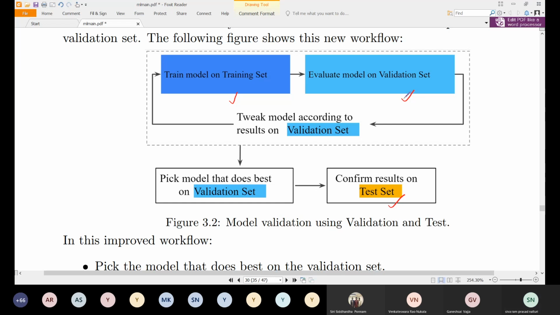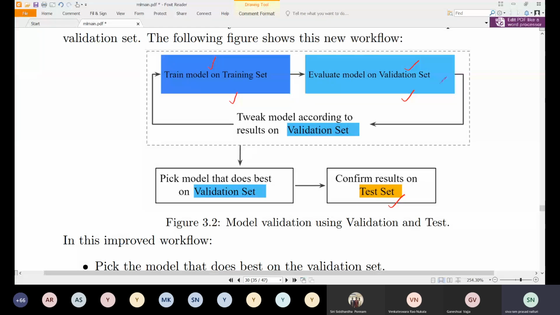Okay, and if your performance is not good, once again you will be given, look at this, this is a loop, a cycle. Initially you will be given training with the training set, and after training your performance will be evaluated using validation set.